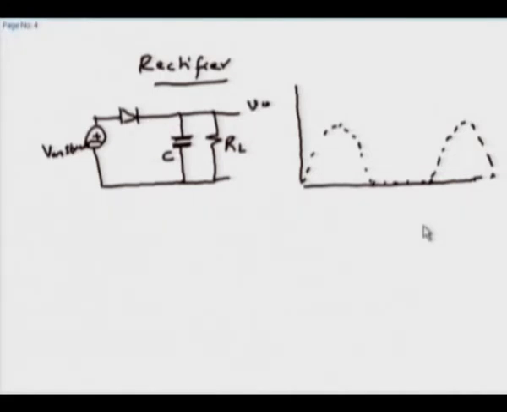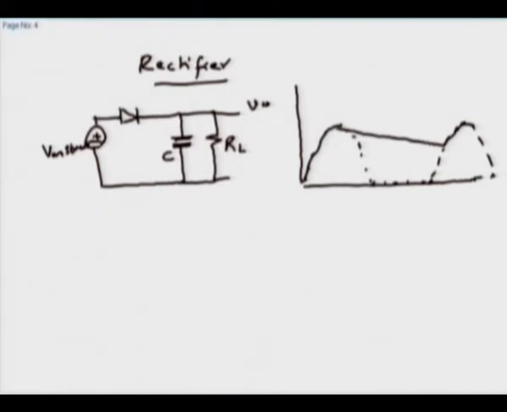Now, this is one of the common circuits used to get a DC voltage, and one of the common misconceptions is the method to reduce the ripple voltage. In this case, the capacitor would charge, and because of the resistor it would discharge, and during the next positive half cycle it will charge, and so on.